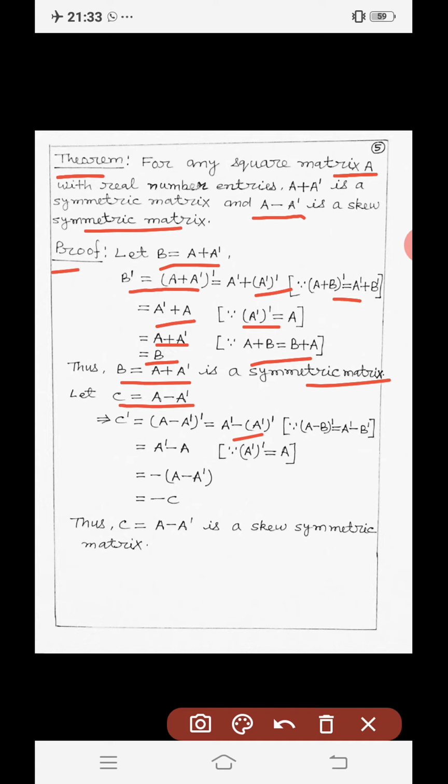Here the reason given is (A minus B) whole transpose is equal to A transpose minus B transpose, and we can write A transpose minus A. Here the reason given is transpose of A transpose is equal to A, and this can be written as minus in bracket (A minus A transpose), and this is equal to minus C. According to the definition of skew symmetric matrix, we have C transpose is equal to minus C. Thus C equal to A minus A transpose is a skew symmetric matrix.